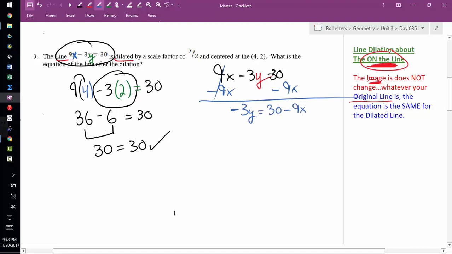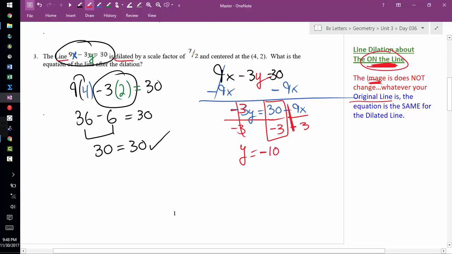30 minus 9x. Well, I've got to get rid of that minus 3, so I've got to divide because it's attached by multiplication. Whatever I do to one side, do to all the terms on my other side. And I'll get y equals, and then the result of 30 divided by minus 3 is minus 10.